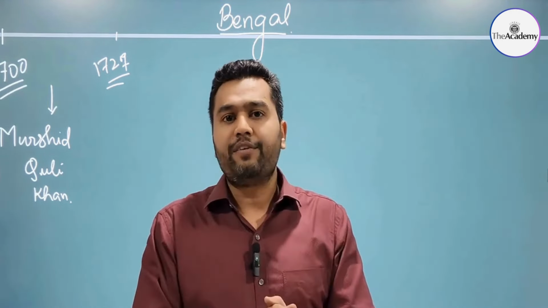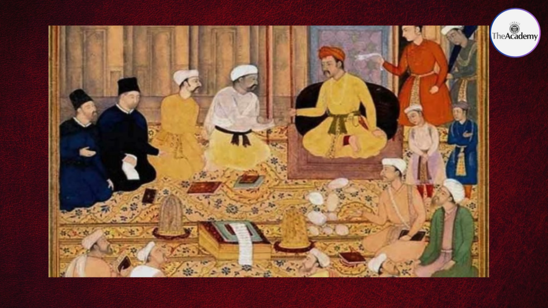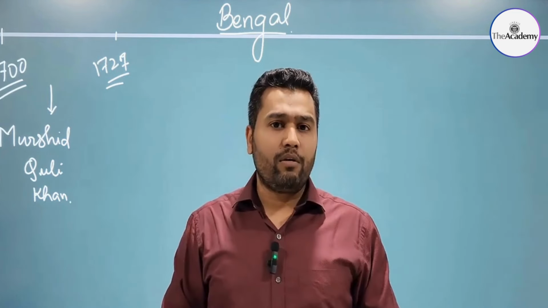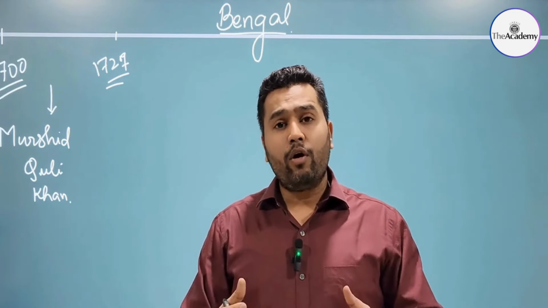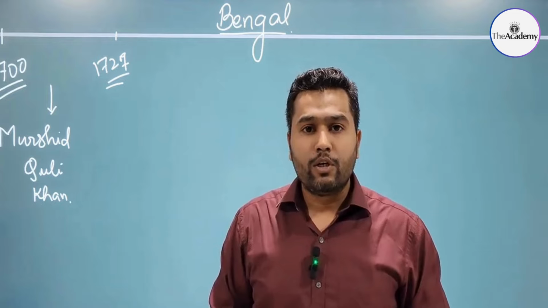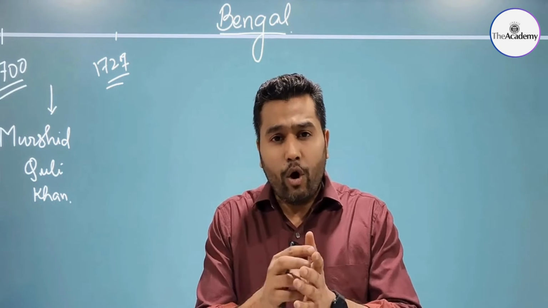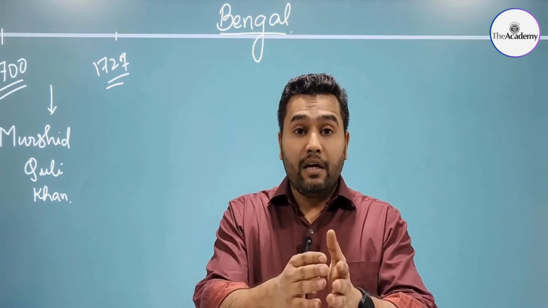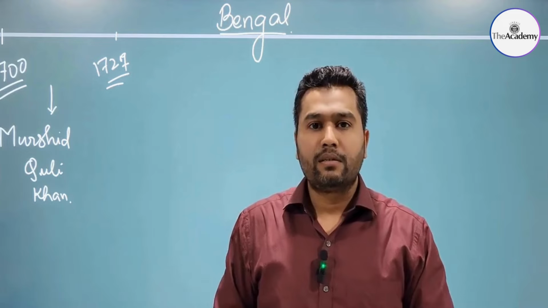On the administrative front, Murshid Quli Khan carried out significant reforms. One of the major problems of Bengal was that it was always in arrears with respect to the revenue. So Murshid Quli Khan did away with all small jagirdars and created large zamindars.